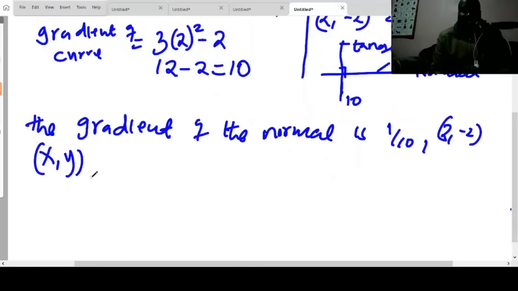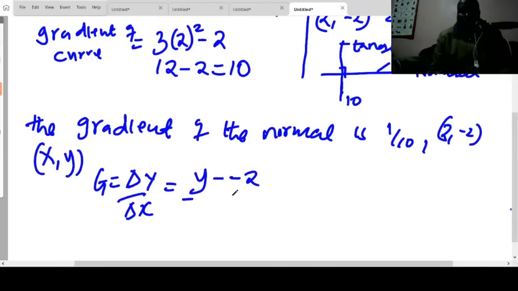We know that the gradient is equal to change in y over change in x. We have 2 points, we have x, y and 2, negative 2. So y minus negative 2 over x minus 2, the answer should be negative 1 over 10, which is the gradient of the normal.